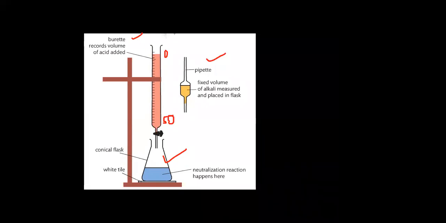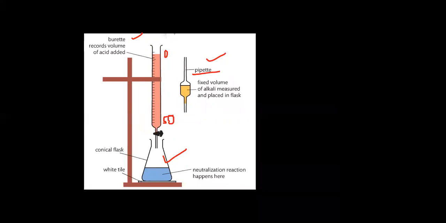Now, what is this pipette? Pipettes are used for getting almost accurate measurement of the solutions that we need to use for the experiment. If you use a measuring cylinder, the accuracy may not be as good as it is while using a pipette.